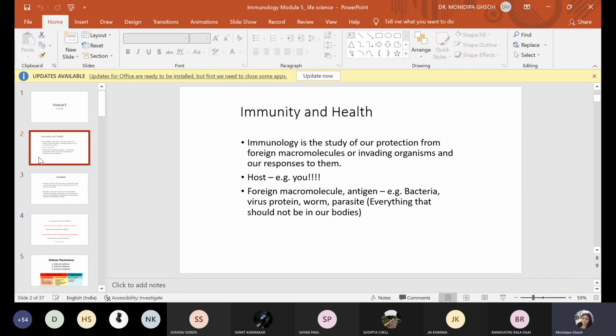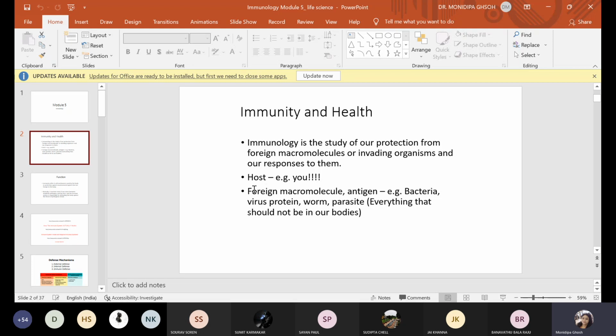So any non-self foreign component may be a pathogen or a chemical. When they are interacting with the cell systems, the body tries to give a resistance against that invasion. Now, the study linked with this resistance power creation of the body system is immunology.